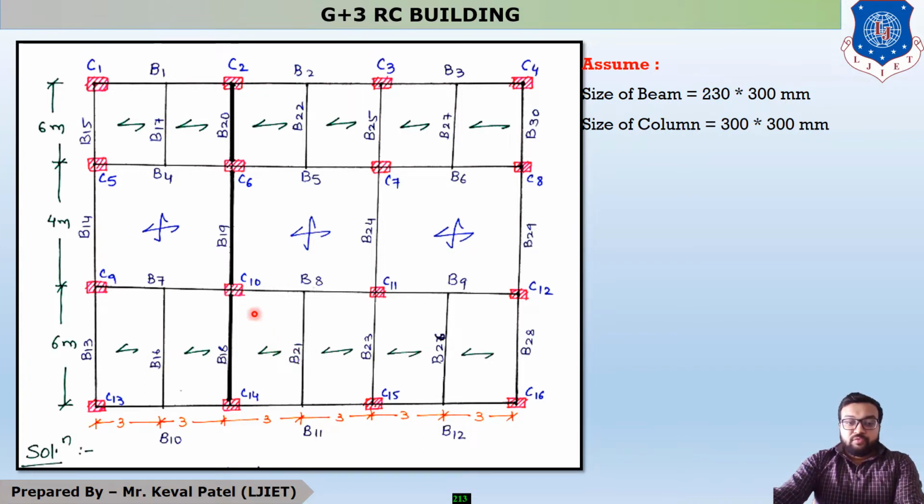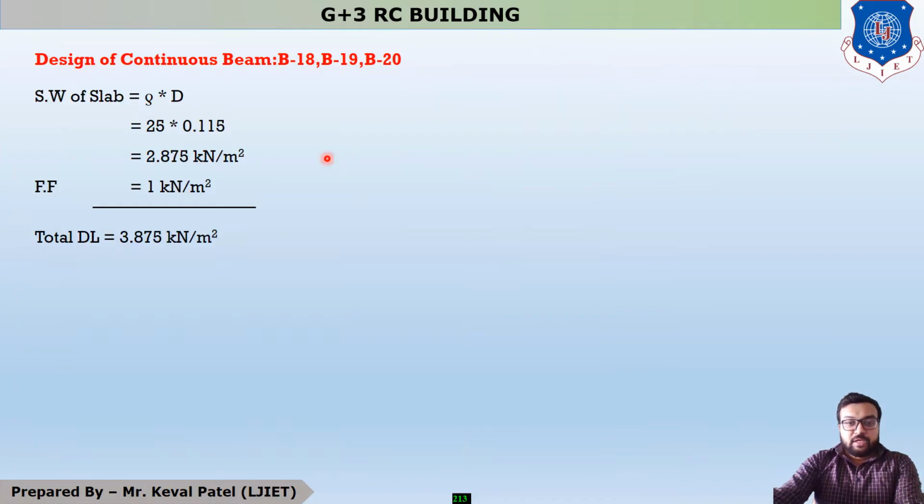Now, we have to calculate the load on beam B18, which is equal to beam B20. So students, it is already given in the question that the thickness of slab is 115 mm for all the slabs, whether it is a one-way slab or a two-way slab.